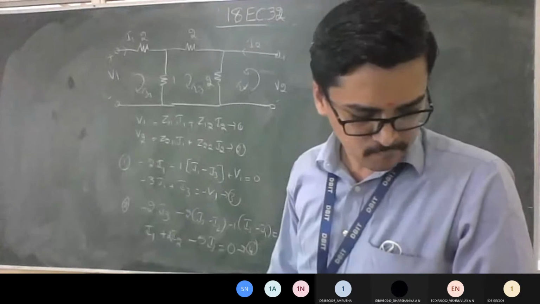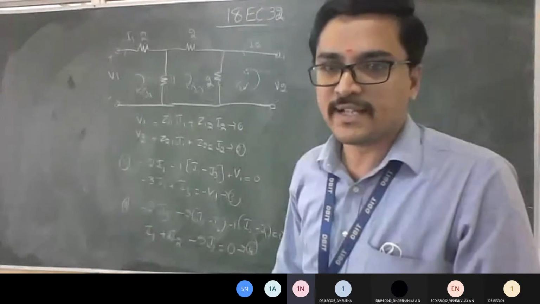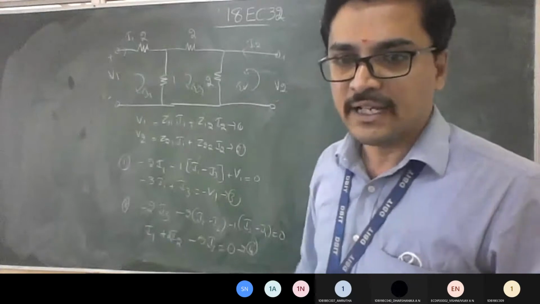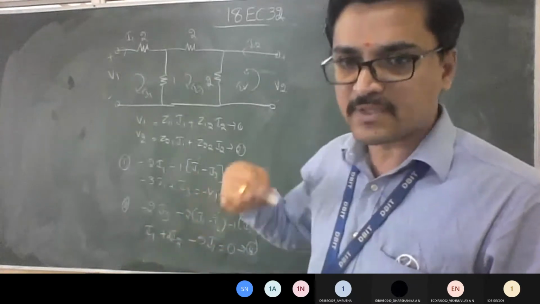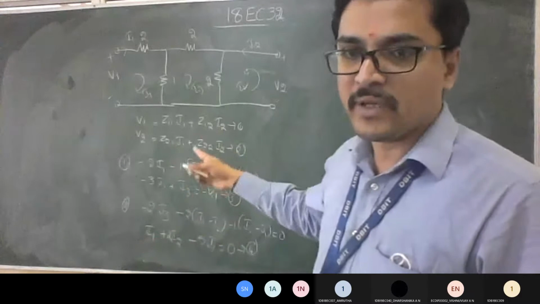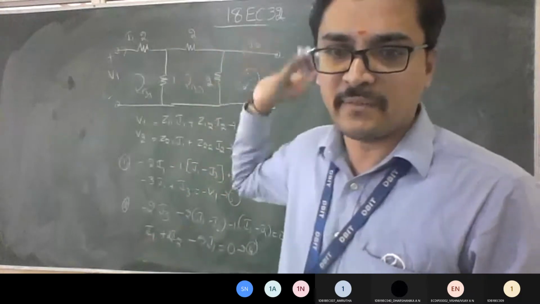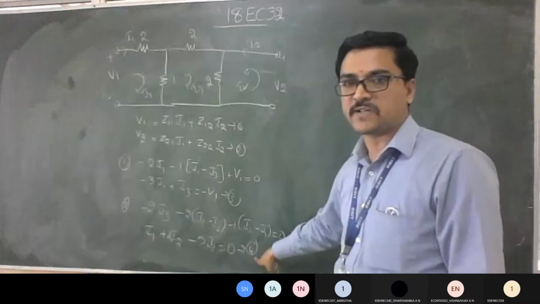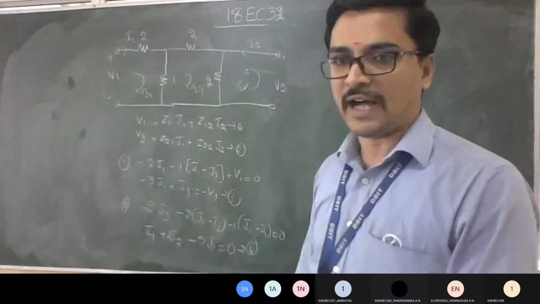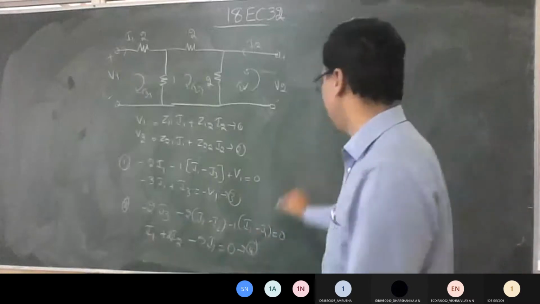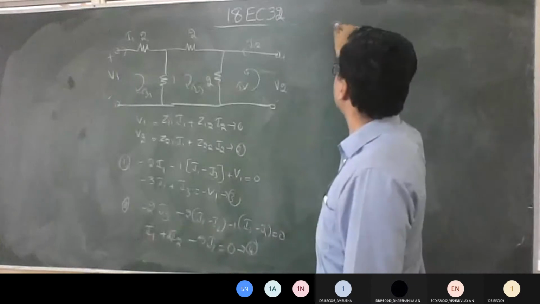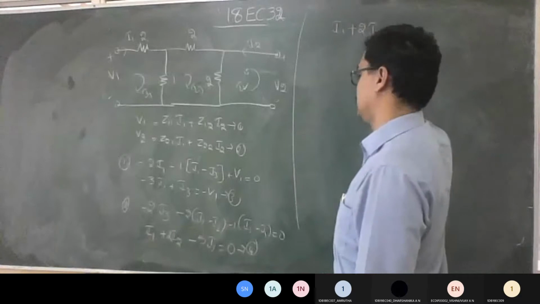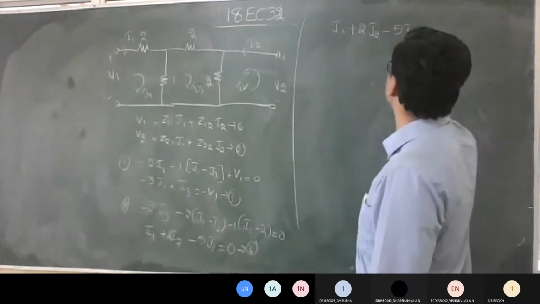So now what is the thing I want? From equation number 4, I want only I3, because if you are able to convert that I3 in terms of I1 and I2, then comparing with the general equation becomes easier. So for that purpose, convert equation number 4 only in terms of I3. I will write the equation here. It's I1 plus 2 I2 minus 5 I3 equal to 0.